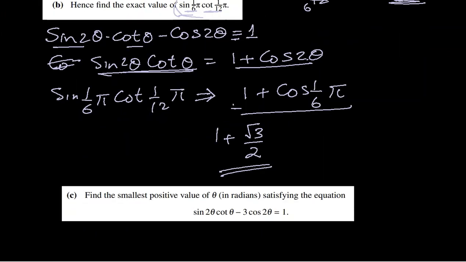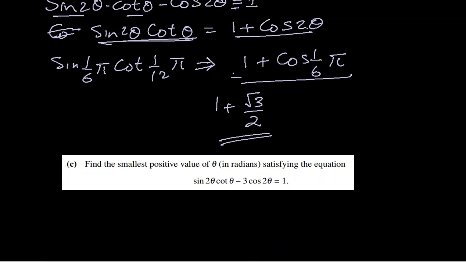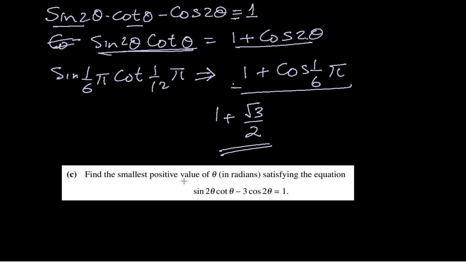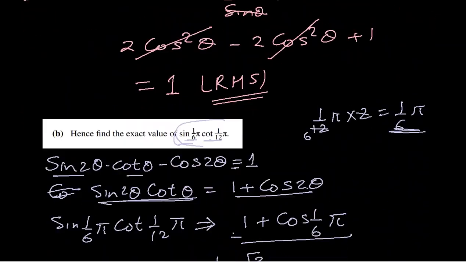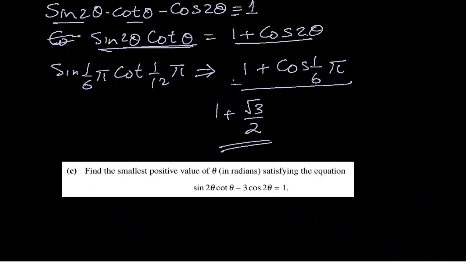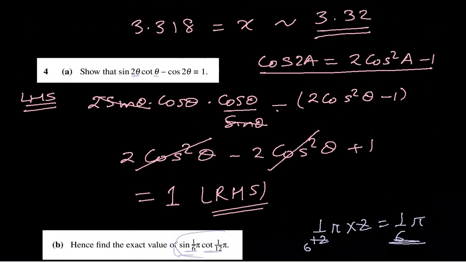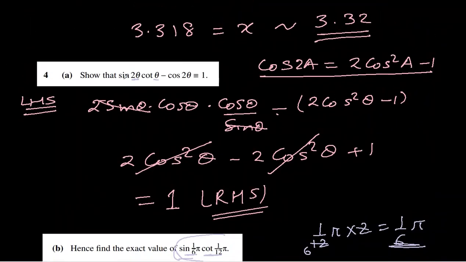There is one C part also. Find the smallest positive value of theta in radians satisfying the equation. Isn't it the same equation, that identity from before? Oh yeah. The difference is that here it is sine 2 theta cot theta minus cos 2 theta equal to 1, right?